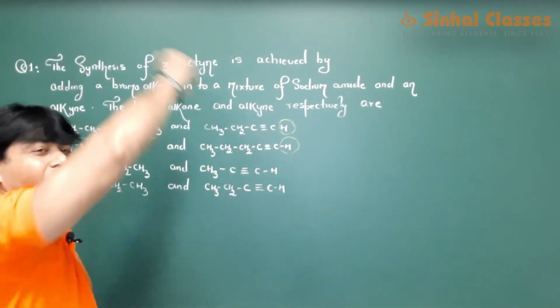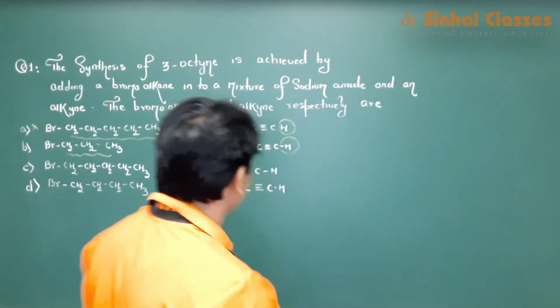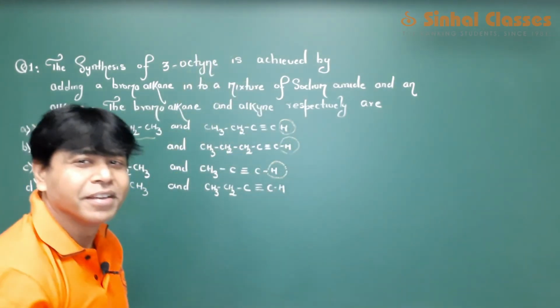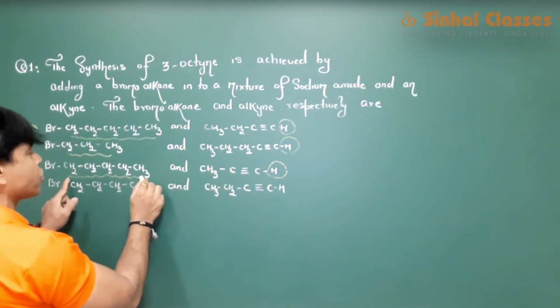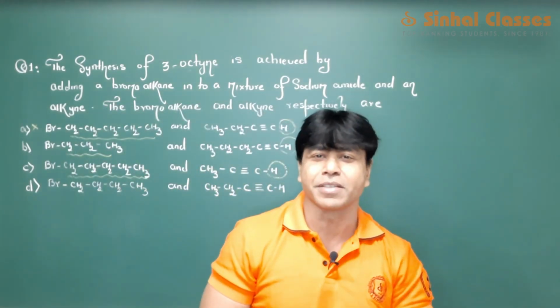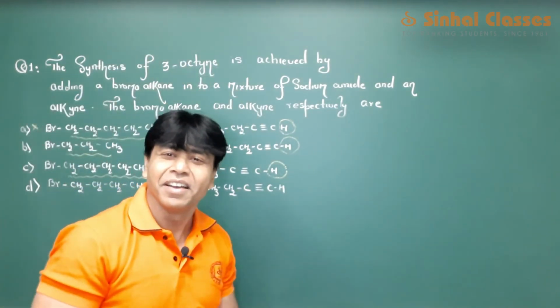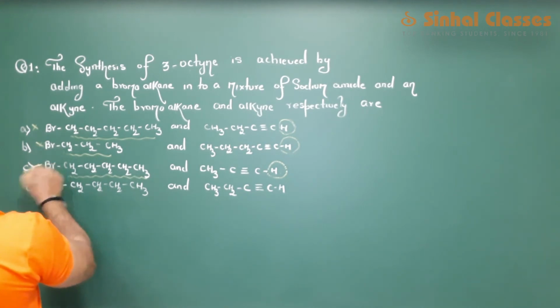We want 3-octyne. Now, for the next one, if I replace this acidic hydrogen by the CH2, CH2, CH2, CH3 group, it will give you 8 carbons, but then it will be 2-octyne. We want 3-octyne. So B and C cannot be the answer.